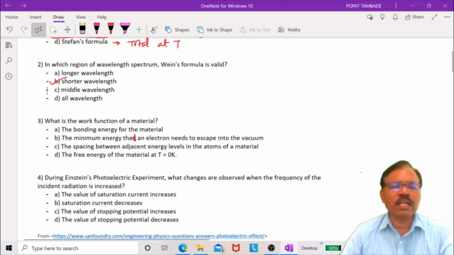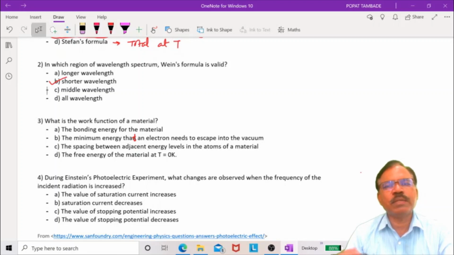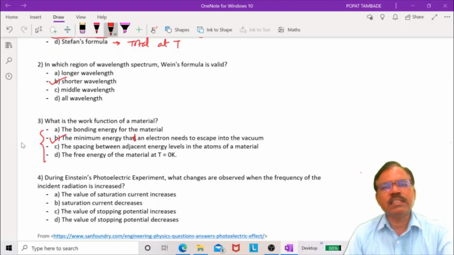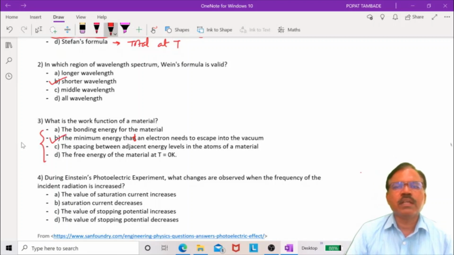In the photoelectric effect, the work function of the material is the minimum energy that an electron requires to escape from the metal surface into the vacuum. So out of four choices, this second one is correct.